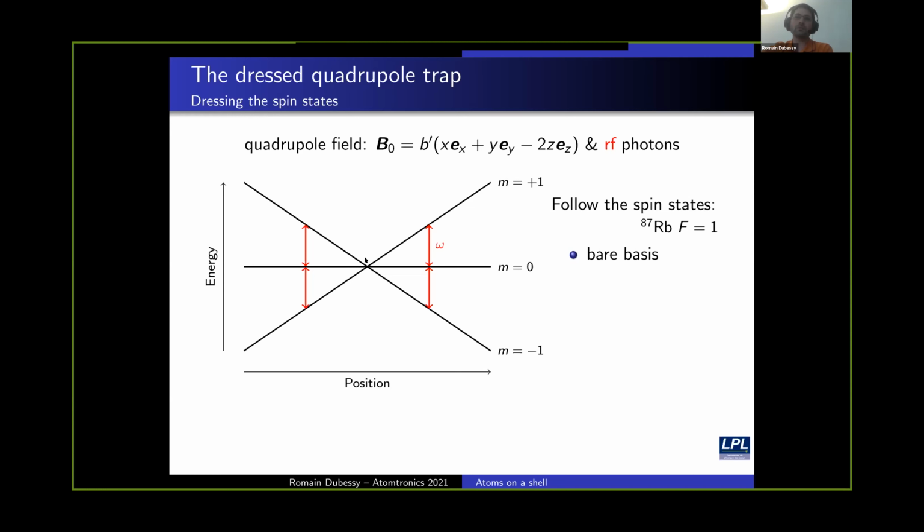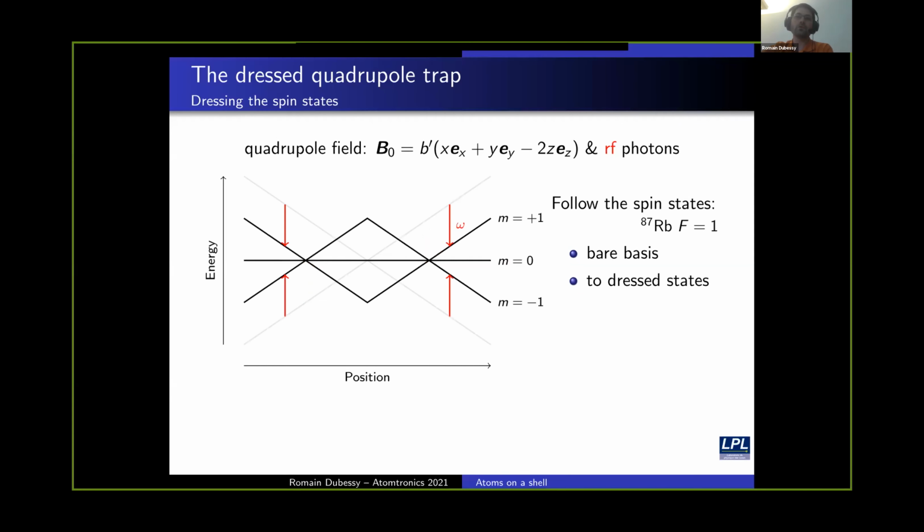What we now do is to shine radiofrequency photons onto this system, and these radiofrequency photons will select a particular energy scale, a magnetic energy scale, and induce a resonance between the spin states. If you go to the dressed state basis, meaning you remove the energy of one photon from the upper state and you add the energy of one photon to the lower state, you realize that all these states are almost degenerate, and there are some level crossings.